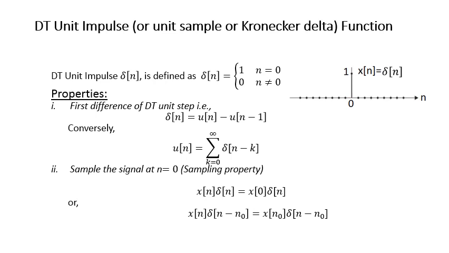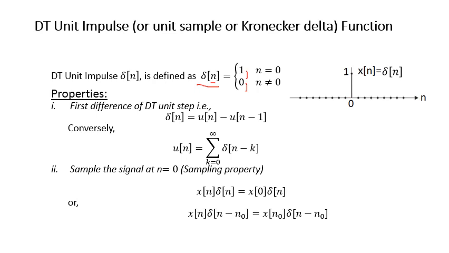The unit impulse function can be defined as delta of n equals 1 when n equals 0, and equals 0 when n is not equal to 0. What does that mean? When the argument n is 0, this signal is 1, and when the argument is not equal to 0, this signal is 0.